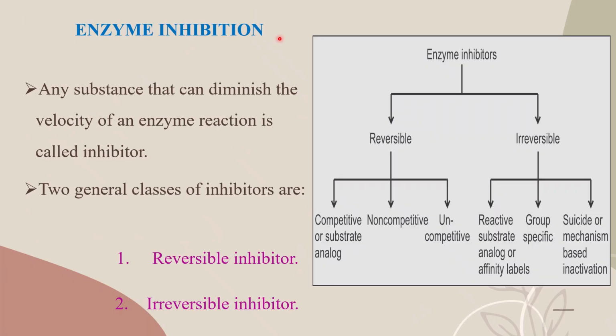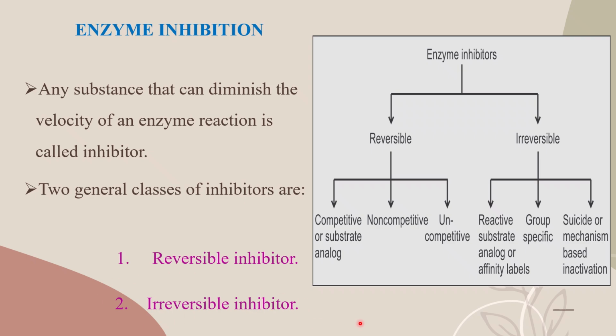Enzyme inhibition: any substance that can diminish the velocity of an enzyme reaction is called an inhibitor. The two classes of inhibitors are the reversible inhibitors and the irreversible inhibitors. Inhibitors can bind to the enzyme via non-covalent or covalent interactions.